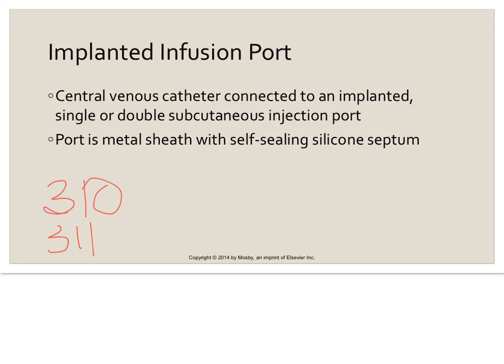The physician will make an incision typically under one of the collarbones, and then the doctor will insert the port into a subcutaneous pocket of tissue, and then on the back side of that feed the actual catheter itself into a great vein, usually the subclavian, and then it comes to rest in the superior vena cava outside the right atrium. They can be single or double lumens.